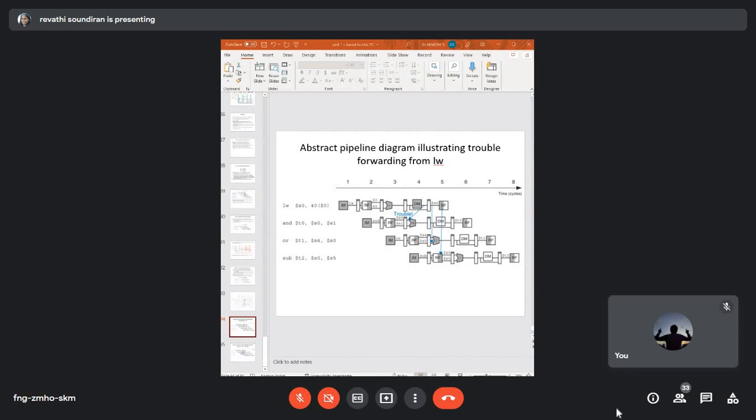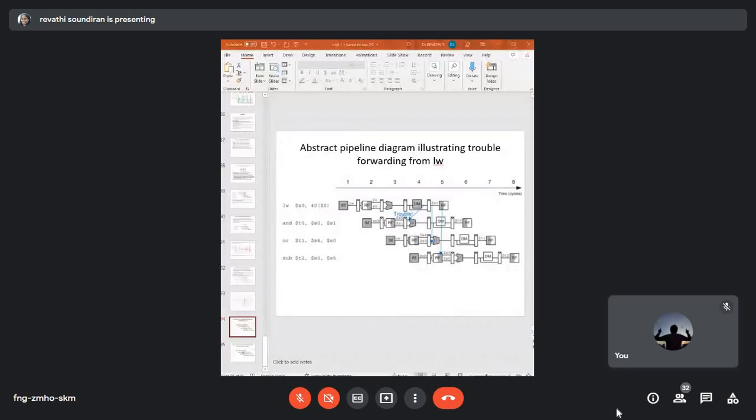Forwarding is not sufficient to solve the data dependency problem created with the read after write data hazard. When the result is just computed in the execute stage, it is forwarded to the execution stage of the next instruction, as we saw.